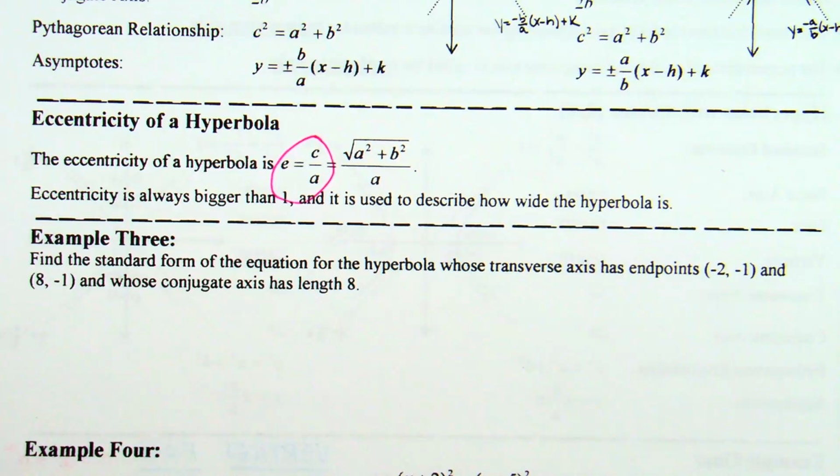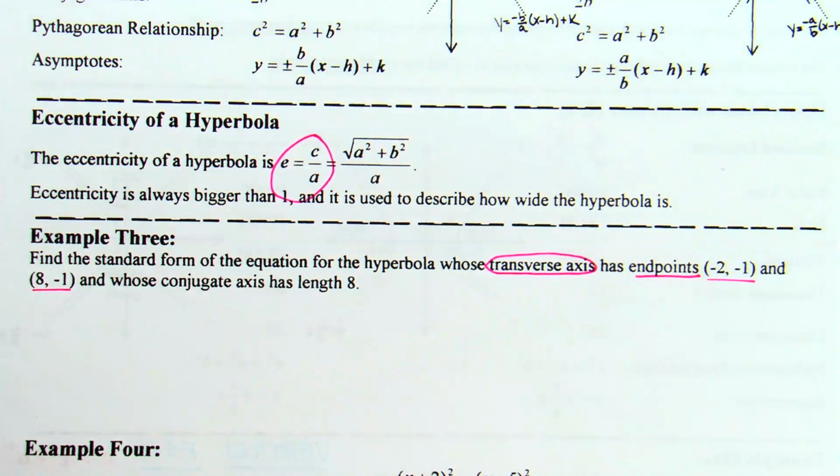Endpoints. The transverse axis endpoints are (-2, -1) and (8, -1). What are those? Vertices, right? Vertices are always at the end of that major or transverse axis. So those right there are vertices.